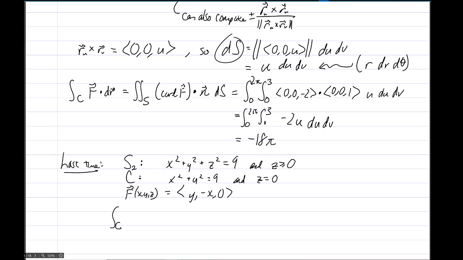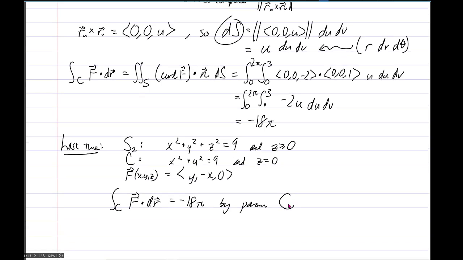What we had computed was that the line integral of this vector field over the curve C was negative 18π. This was done by parametrizing C. Go back and look, we actually did that.